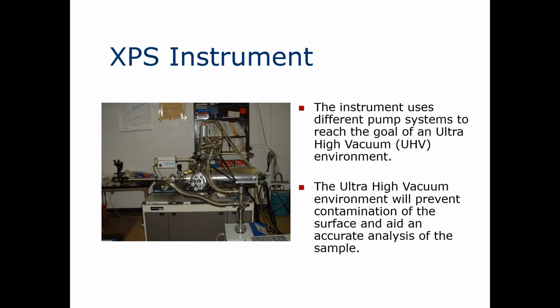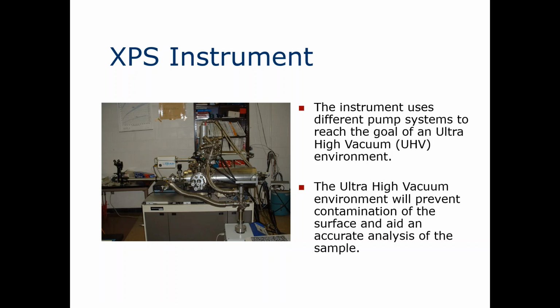The question in mind is: what do we need the ultra high vacuum environment for? We need it because it prevents contamination of the surface and aids in accurate analysis of the sample.